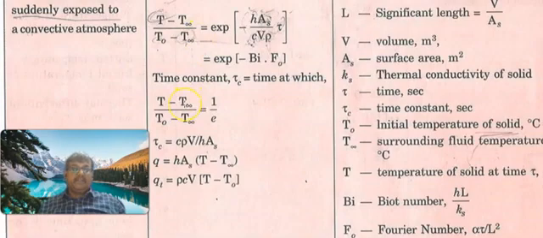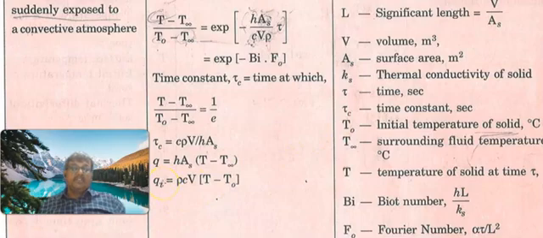We know that (T minus T infinity) divided by (T naught minus T infinity) equals 1 by e, where tau c is the time constant, which is equal to C p rho V divided by h As. Q equals h As (T minus T infinity), where As is the surface area, T is the temperature of the solid, and T infinity is the surrounding fluid temperature.